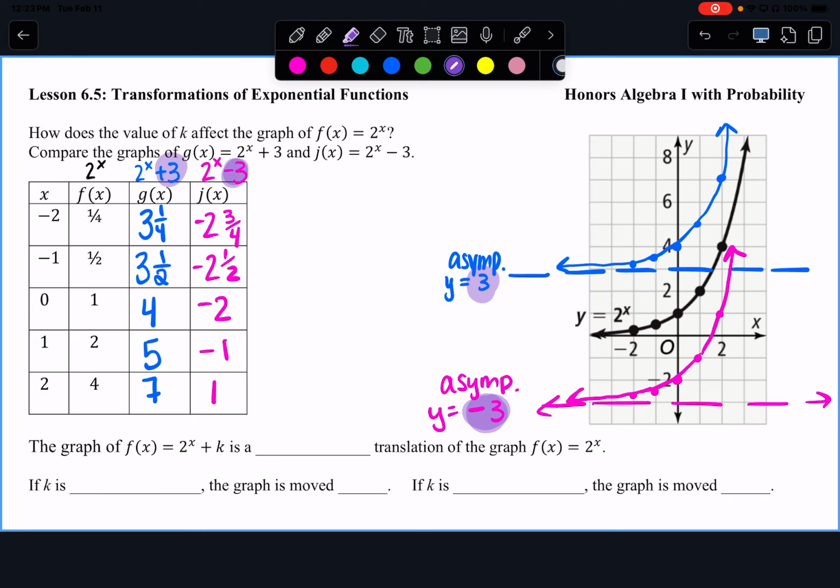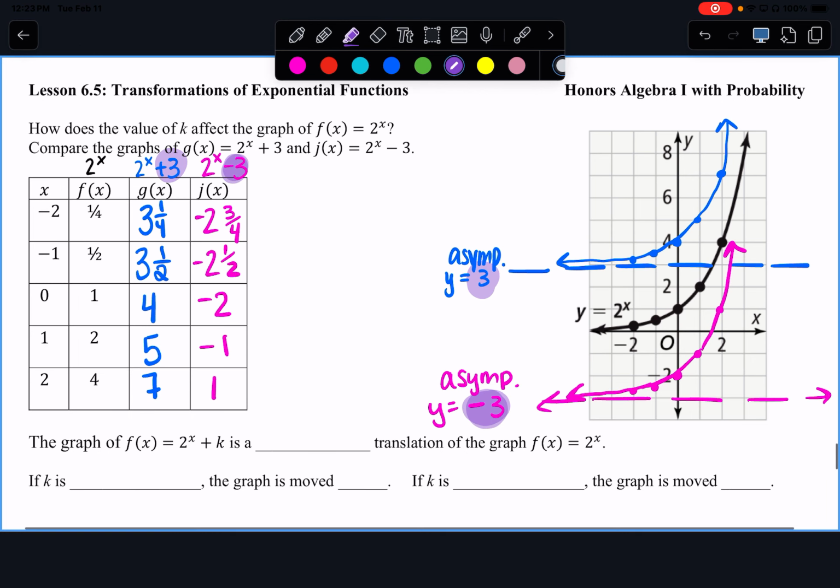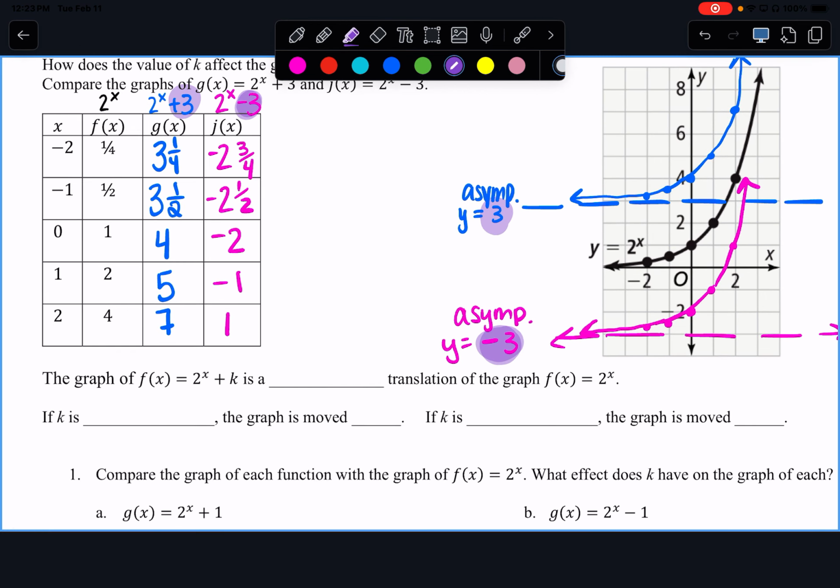So now we're going to write this all out, formalizing it, okay? So when we have the graph of f of x is equal to 2 to the power of x plus k, that is a vertical translation of the graph 2 to the power of x. Now, when we say 2 to the power of x, it could be any base right there.